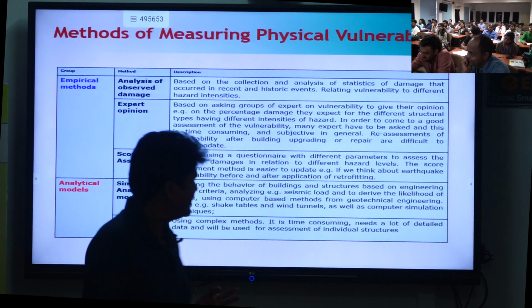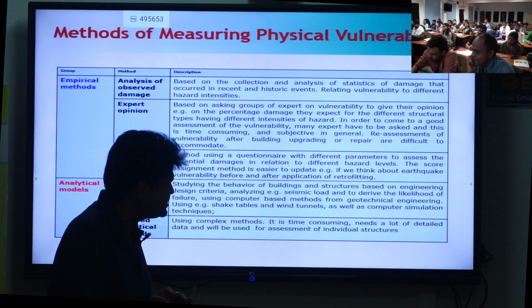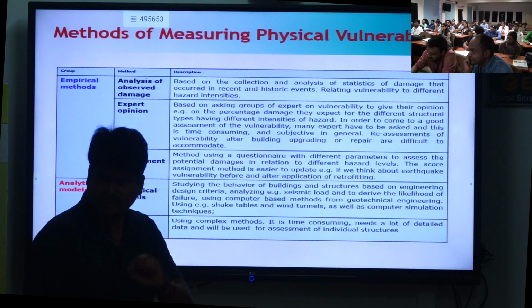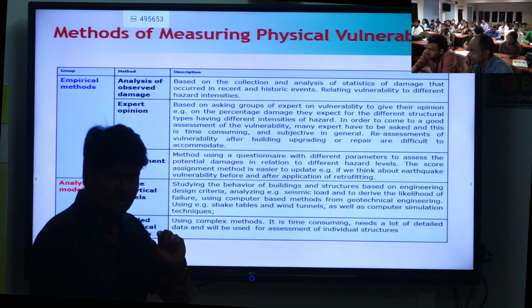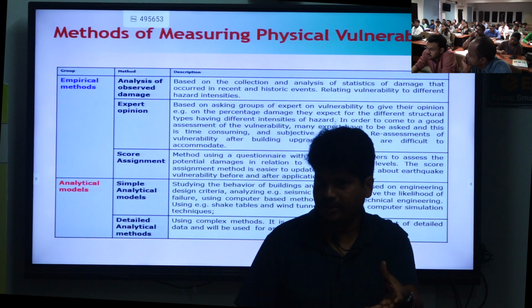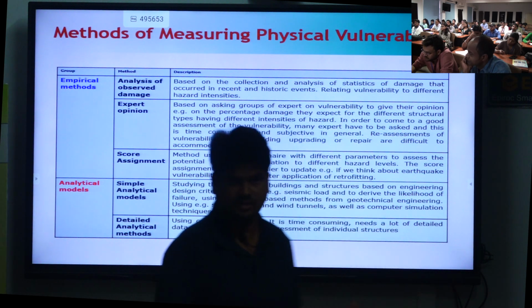Okay, so then analytical methods, the simple analytical methods. That means if you take into account design criteria of the buildings, like for example the structural assessment of the building, the resilience of the building to different types of hazard, that also can be done.